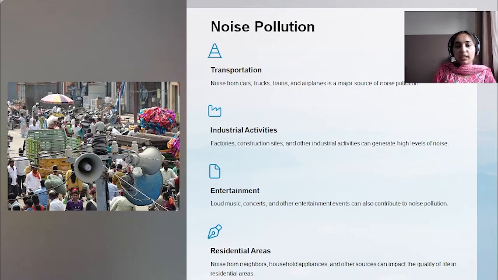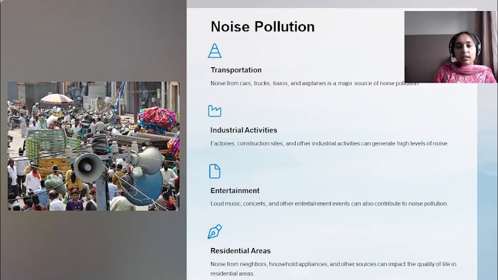Residential areas should be apart from those industries, but still the personnel who are working in the industries are in high danger, and for that purpose a control measure they can use is earplugs. Industrial activities can also be a major cause of noise pollution. That high level of noise is more than 60 decibels.